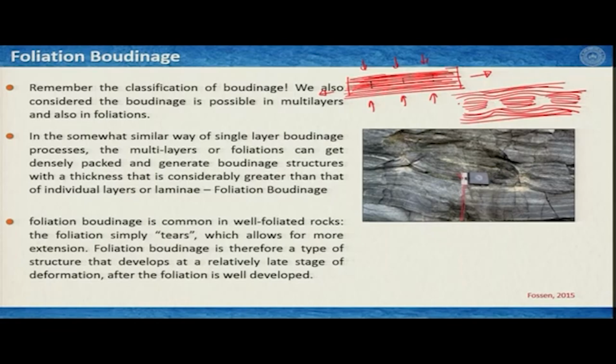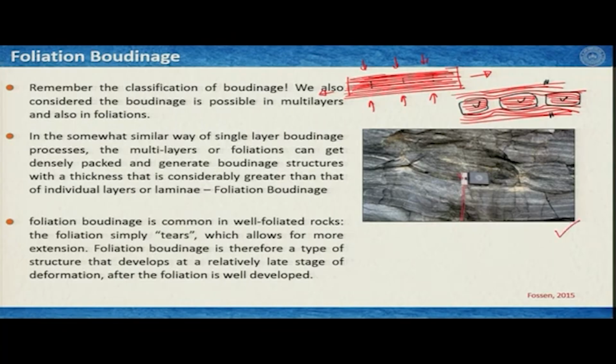So, now you see that this actually represents a shape like Boudins, but apparently these segments, this segment, this segment or this segment, do not have any competence contrast with respect to the surrounding layers. So, this is a very interesting process, and we see this in nature. People do research on it, and here is an example of the foliation Boudinage.